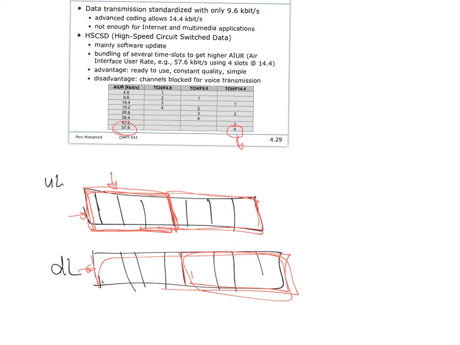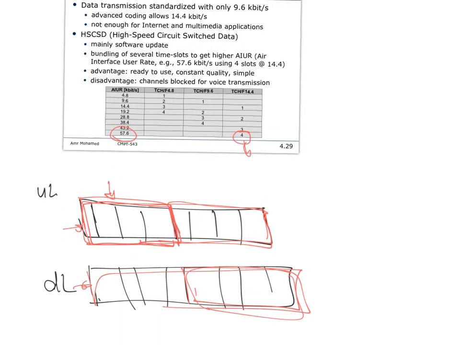And that's why typically the data rates are up to about 57.6 kilobits per second. This 57.6 kilobits per second depends on certain coding schemes, so using other coding schemes, it can get slightly higher. But this is the typical value for data rates in high-speed circuit switched data.